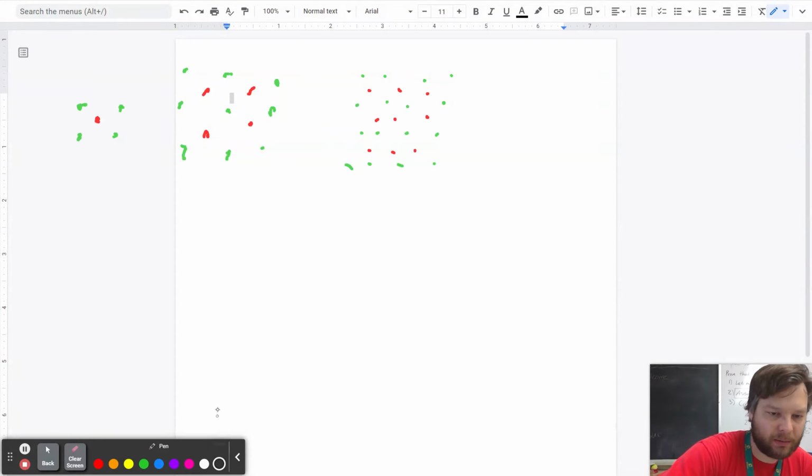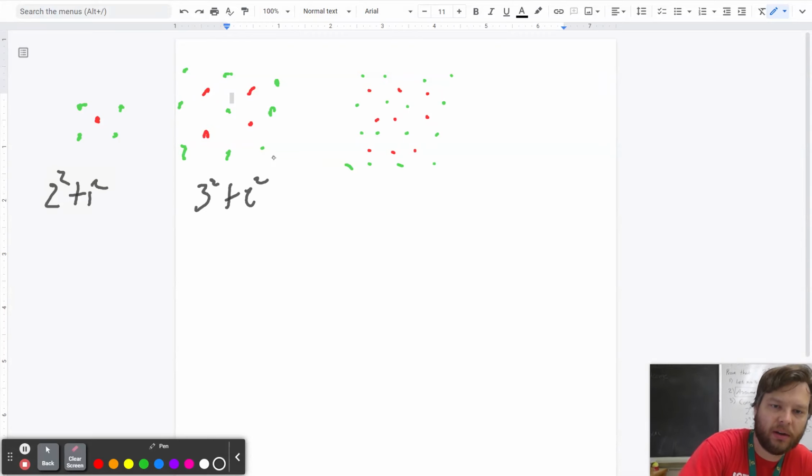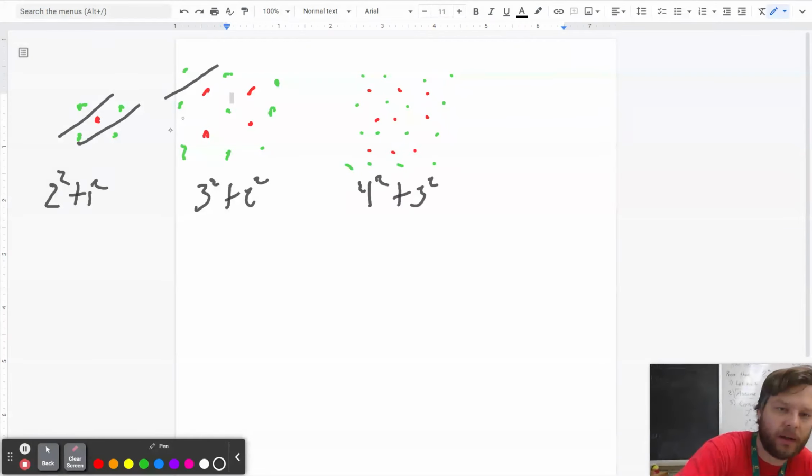So for figure number one, if you look at it like squares, you have a 2 squared plus a 1 squared. Over here, you have a 3 squared plus 2 squared. Over here, it's a 4 squared plus a 3 squared. Then they ask you to add them up along the diagonals.